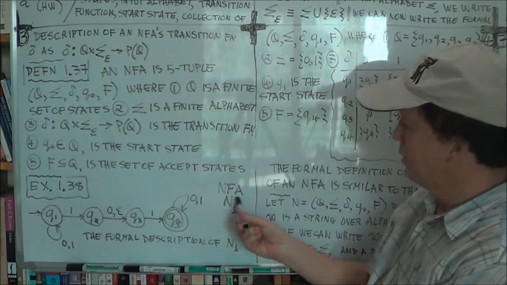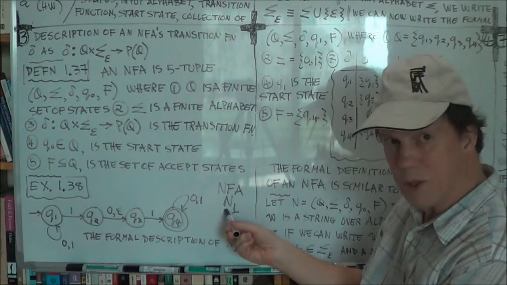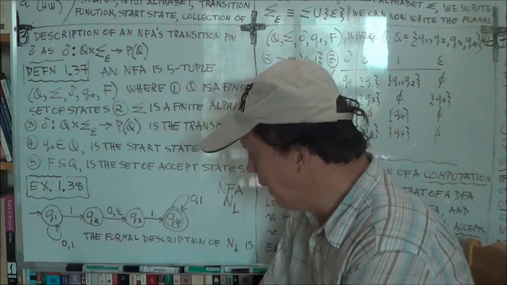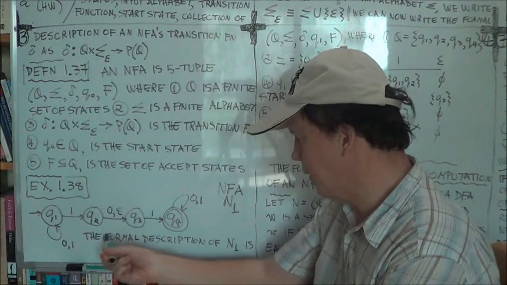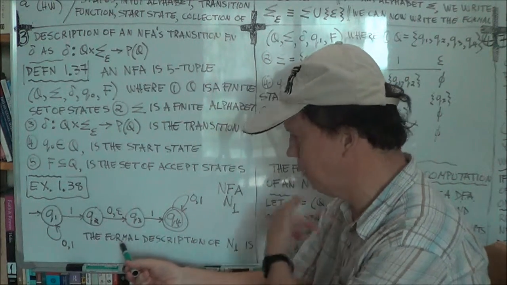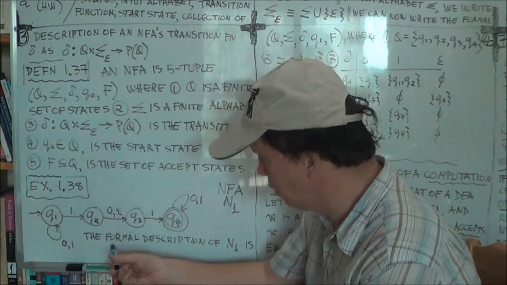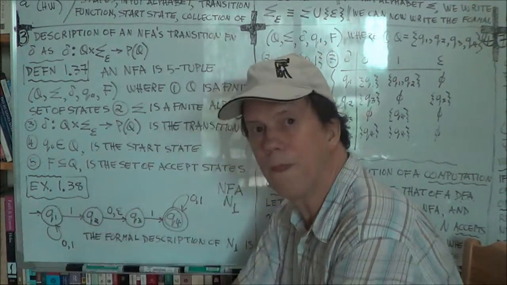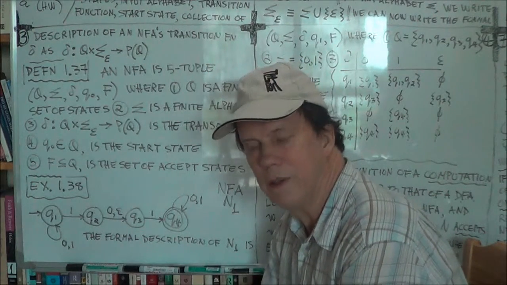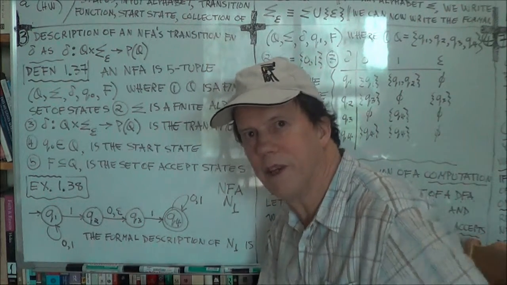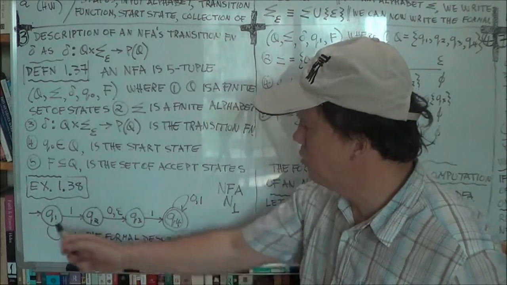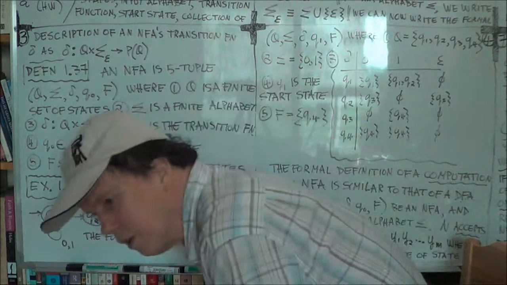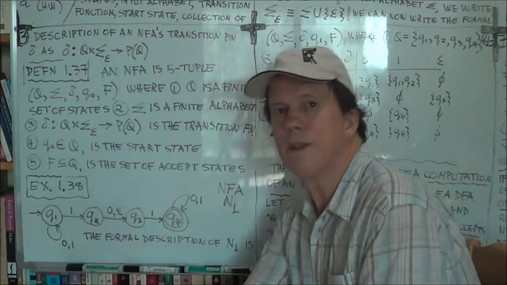So going back to this machine, this automaton N1, we will write out the formal description of this NFA, non-deterministic finite automaton. Now, can you remember its language? Can you remember the language that this automaton recognizes?